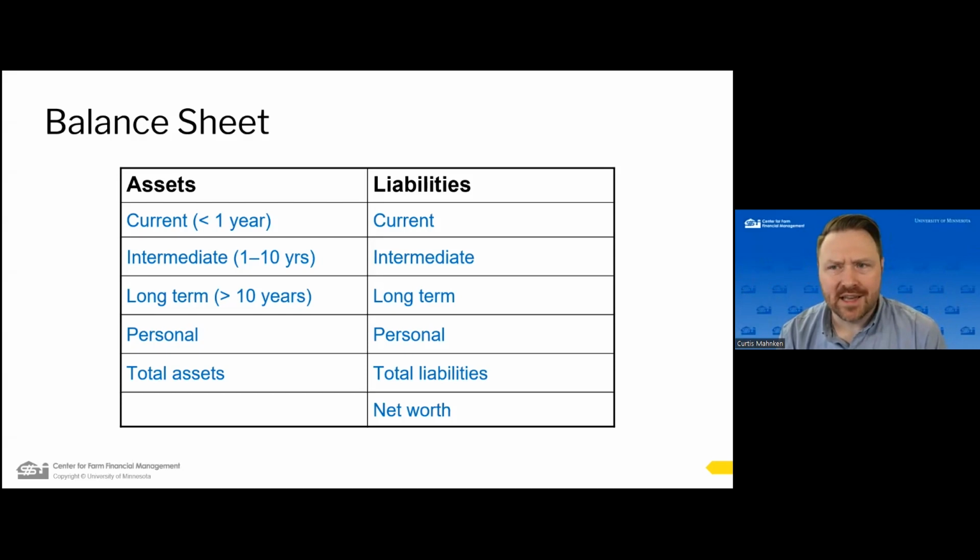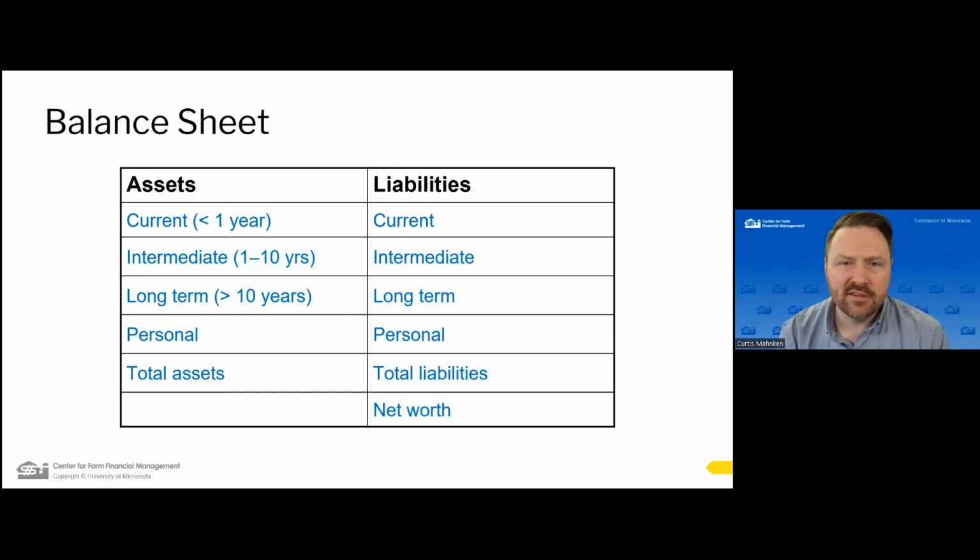But think of this as like cash, or if you have inventory, something that is going to be used up within that time period, within that year. On the intermediate side, this is something that has a useful life of 1 to 10 years. Generally, equipment, tractors, bagging equipment.